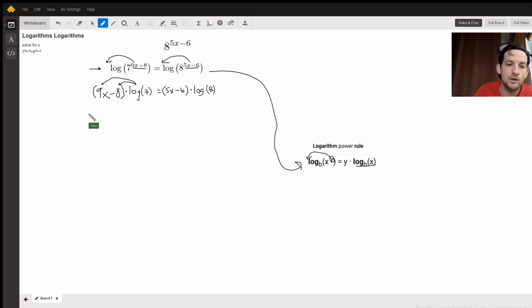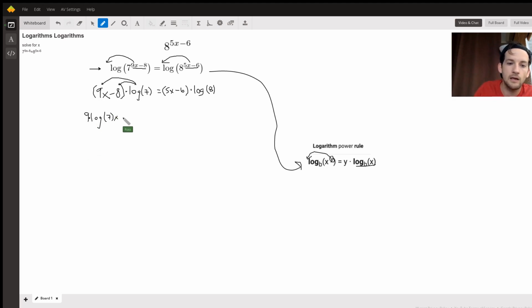Now for this first term, I'm going to rearrange the terms a little bit. I'm going to put 9 log of 7, and then I'll put the x at the end. The reason for that is just like the 9, log of 7 is also just a number. So it's pretty common to put both of those numbers being multiplied at the front. You could type log of 7 into your calculator and it would tell you exactly what it's equal to, and then put the x at the end.